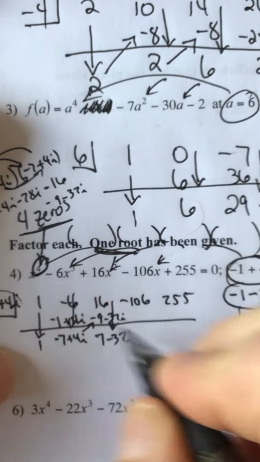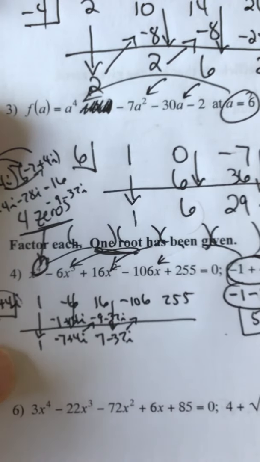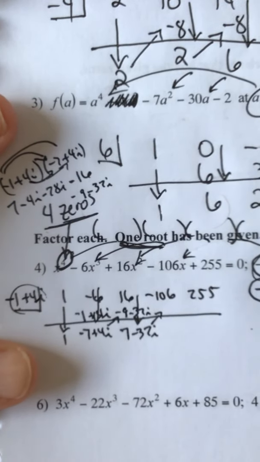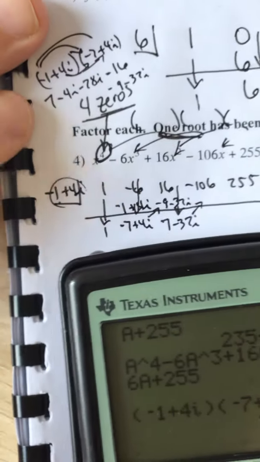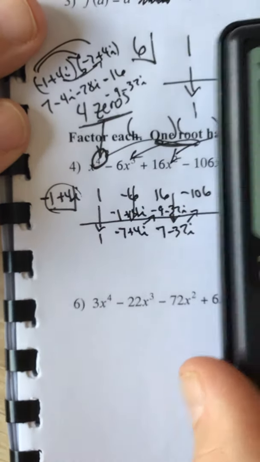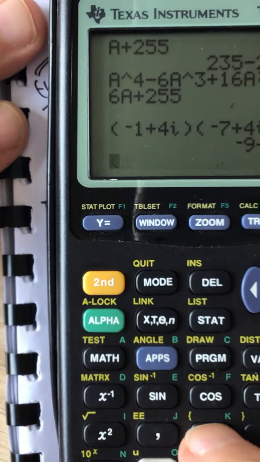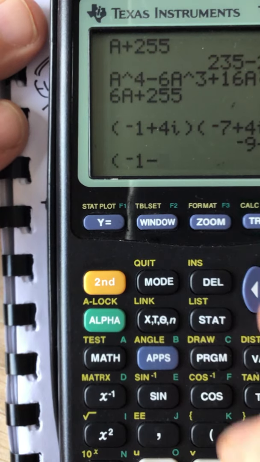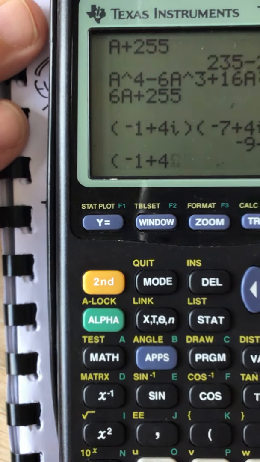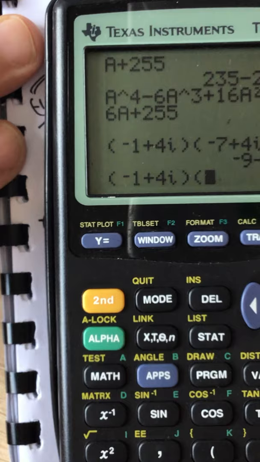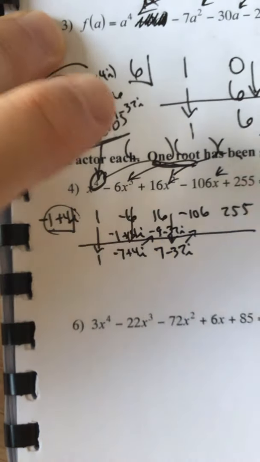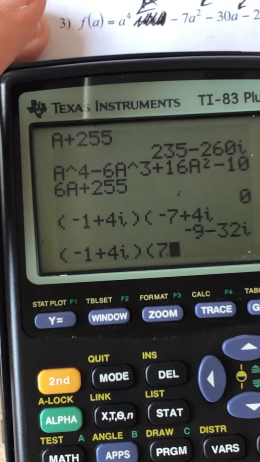And now I've got to take this one times this one and multiply it into the next spot. So I'm definitely going to use the calculator for that. So I'll go negative 1 plus 4i times 7 minus 32i.